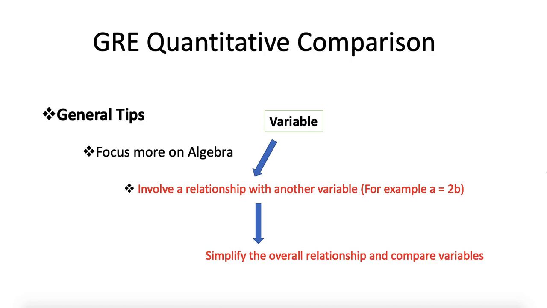Just like in quantity A, I could have A square plus B, and in quantity B, I could have B square plus 2A, anything like that. Just try to simplify and compare the variables because we know the relationship between these two variables. Instead of that, don't try to substitute values, for example B is equal to 2, A is equal to 4. That will waste your time, right?